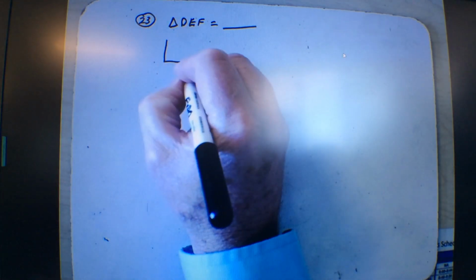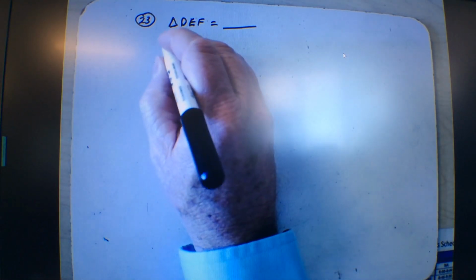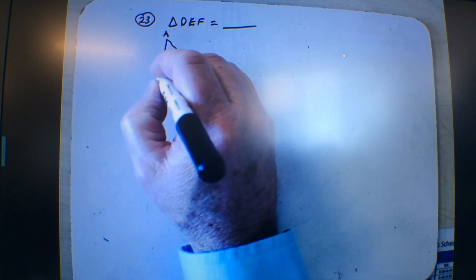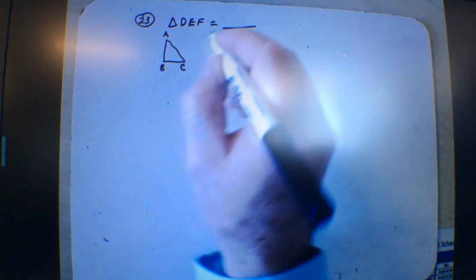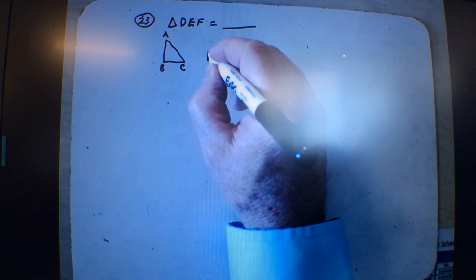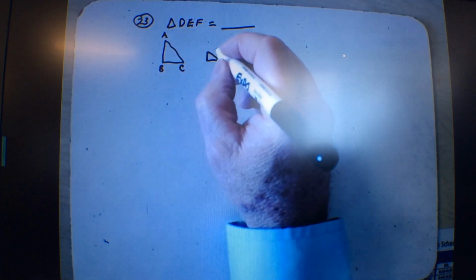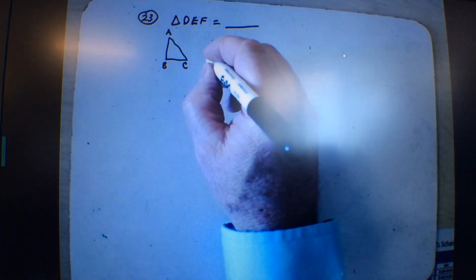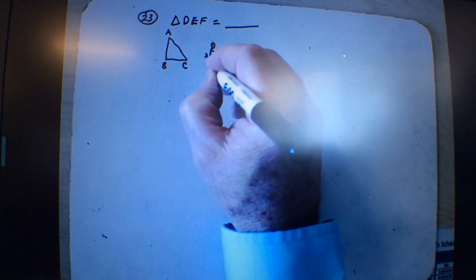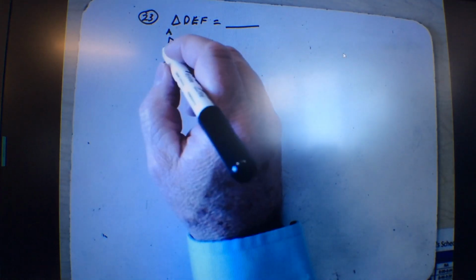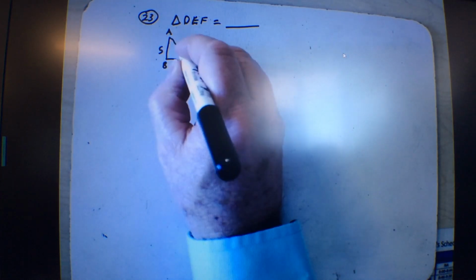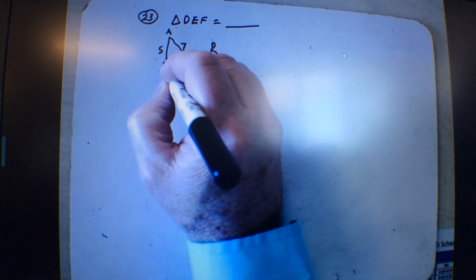If ABC is similar to DEF, so this is A, B, C, and this is DEF, correct? Okay, this is 3, this is D, this is E, and this is F. Okay, 5, 7, and 6.